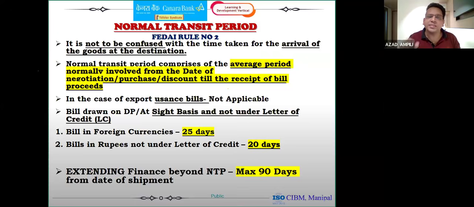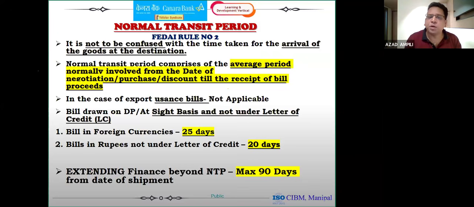Bills in foreign currencies, 25 days. Bills in rupees not under LC, 20 days. Extending finance beyond NTP means, see what will happen with usance bills. The NTP I prescribe is 25 days, but due to some genuine reasons it may take some time, like say 1 or 2 months.